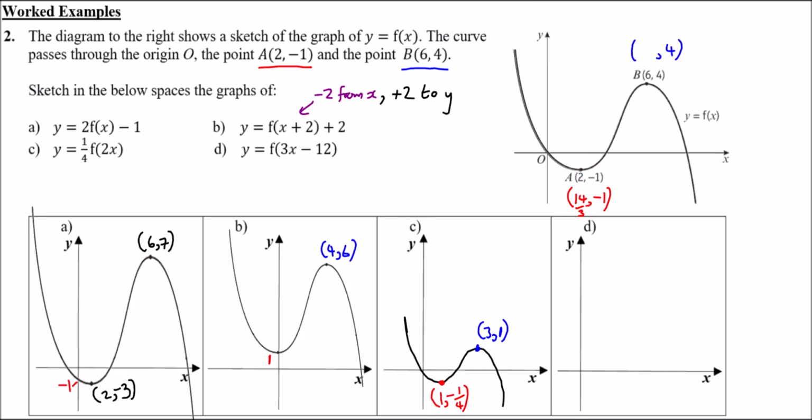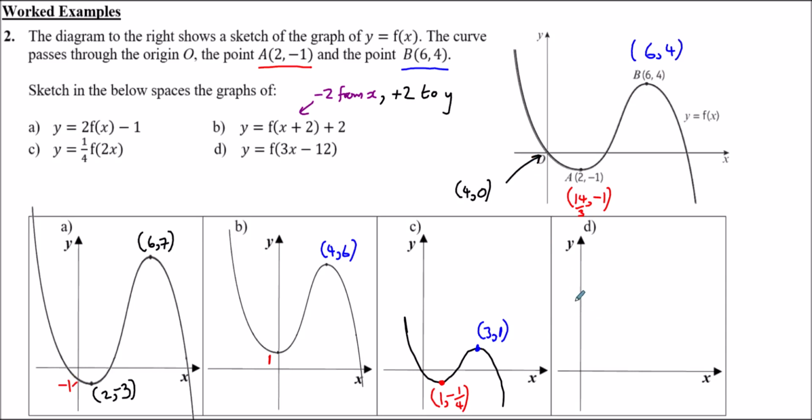So B goes to 6, 4. And the origin, again, this one here, we add 12, and then 12 divided by 3 is 4. So the origin would move to the point 4, 0. Well, obviously the origin is the origin, but this point here moves 4 to the right, essentially. So what that means now, we can sketch this on.